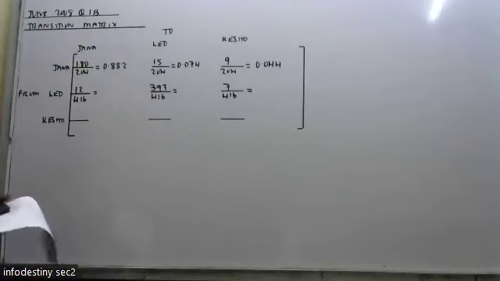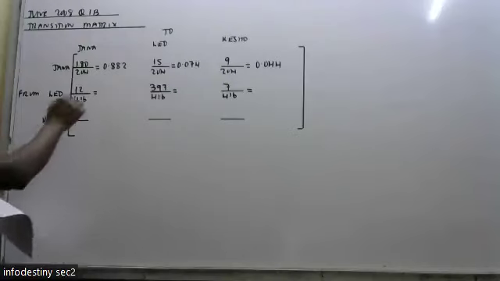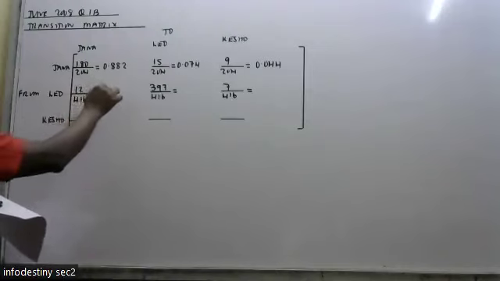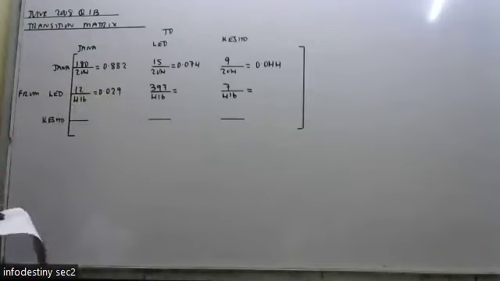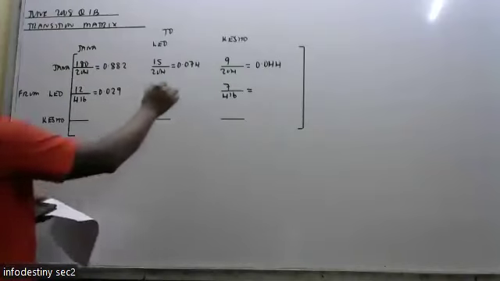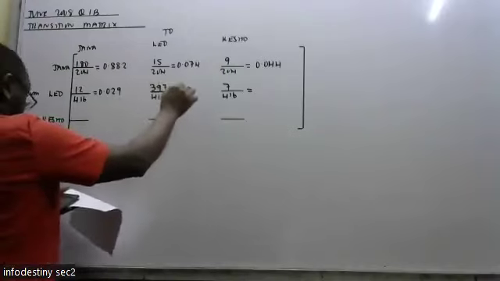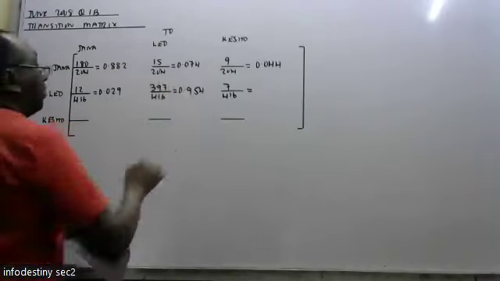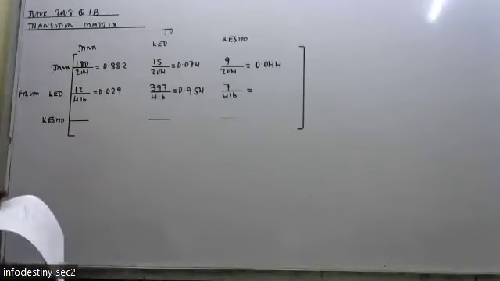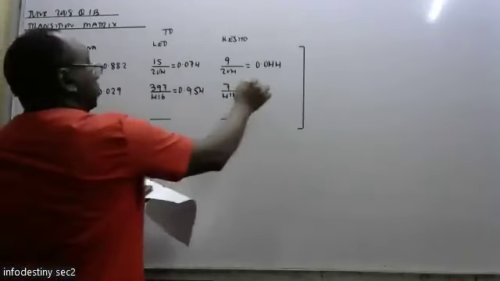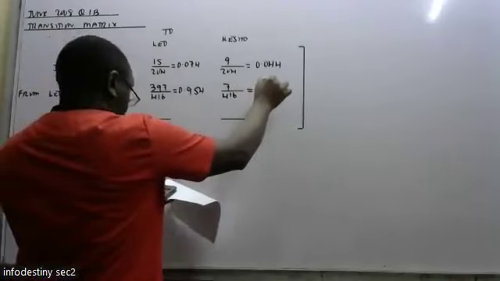So 12 divided by 416 is 0.029. 397 divided by 416 is 0.954. 7 divided by 416 is 0.017.